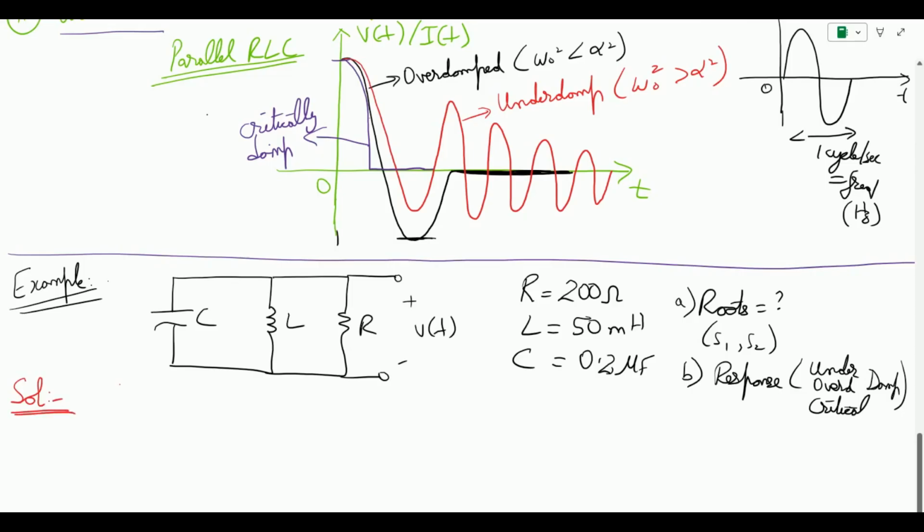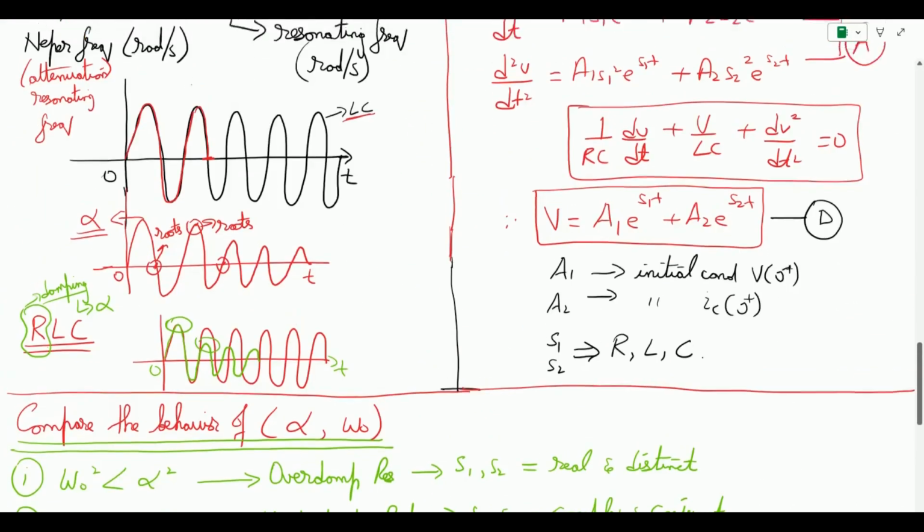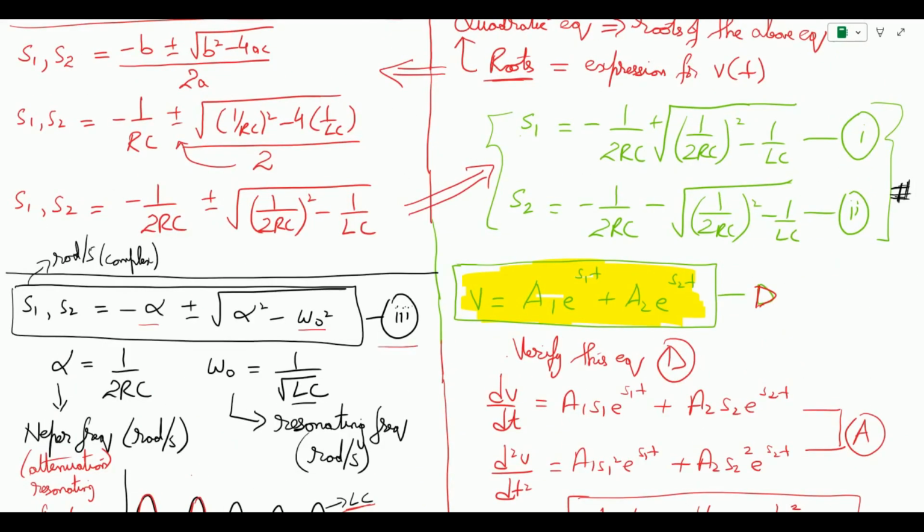We know that the initial voltage is V0 and the initial current is I0, and the currents flowing are IR, IL, and IC. In order to find the roots in the first part, we go back to our simplified equation, which is equation number 3.